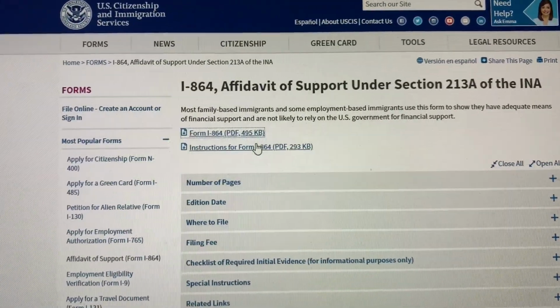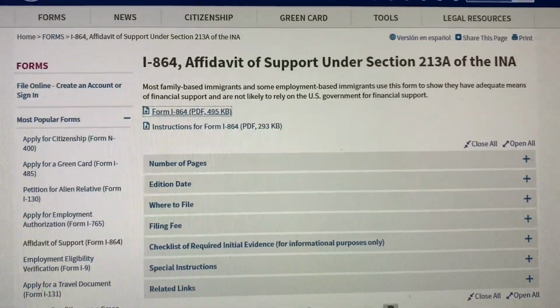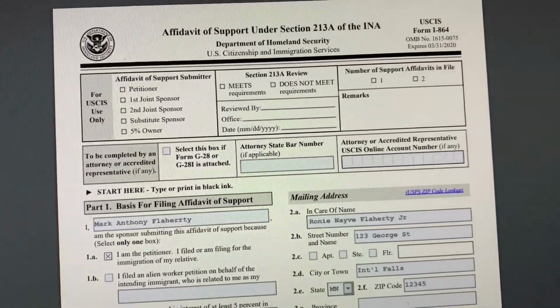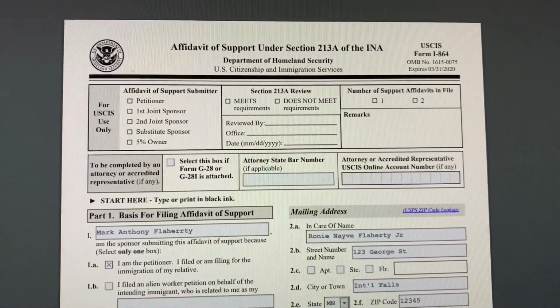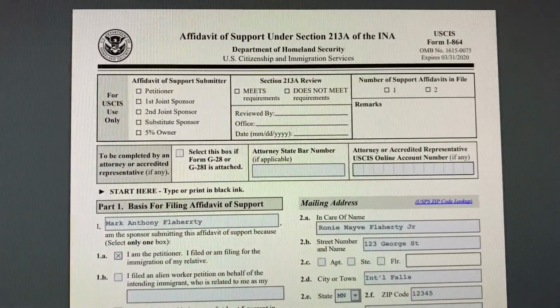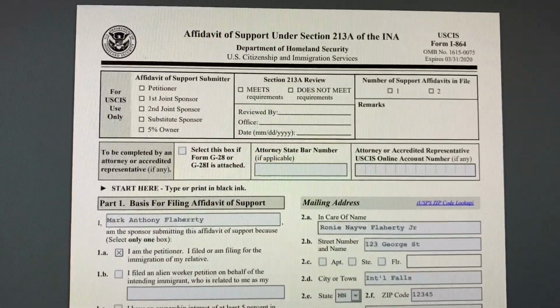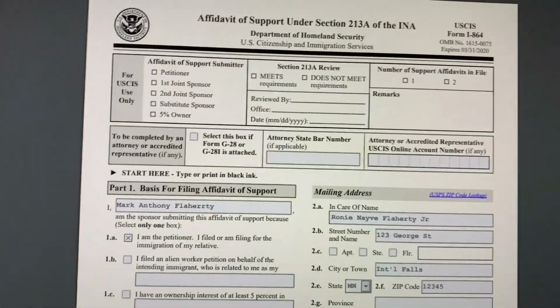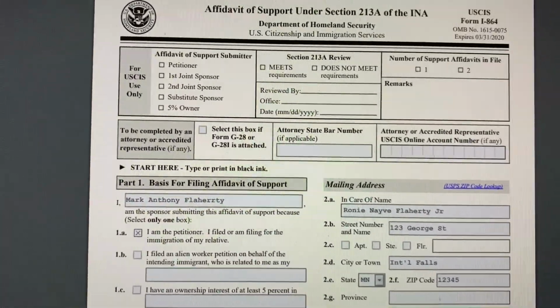Read the instructions before answering, so that it's easier for you to understand. So remember, Form I-864 is only a part of the adjustment of status.